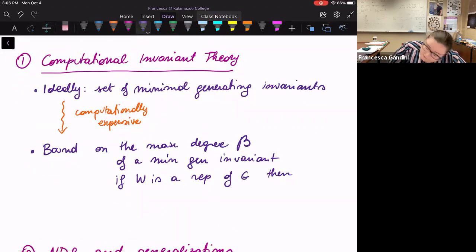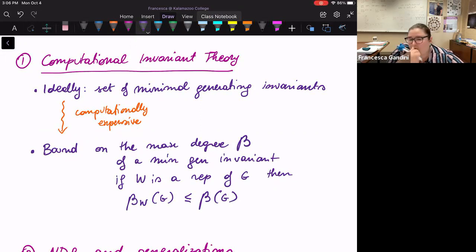So what bounds all these beta of W and G, and that's going to be defined as beta of G. So we think about all the possible representations of the group. Is there some kind of universal bound on the degree of generating invariants for the invariant ring?